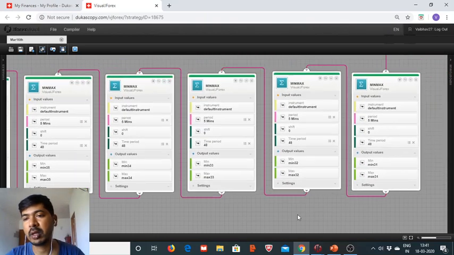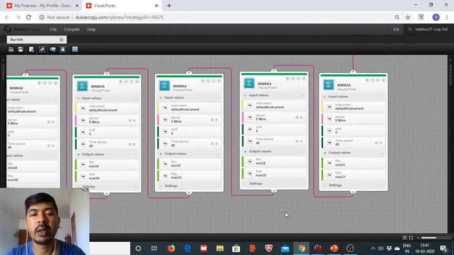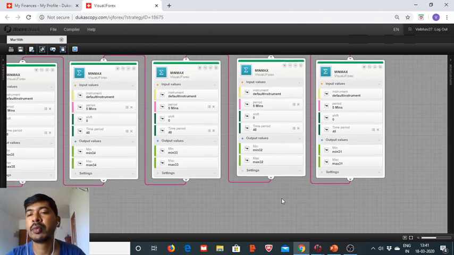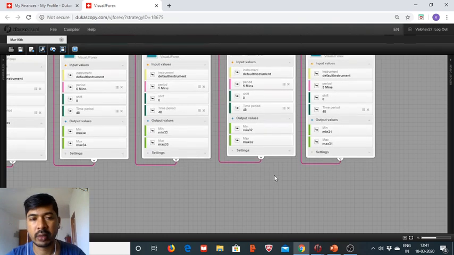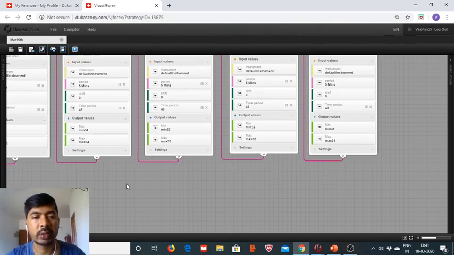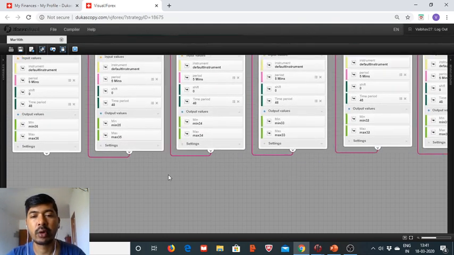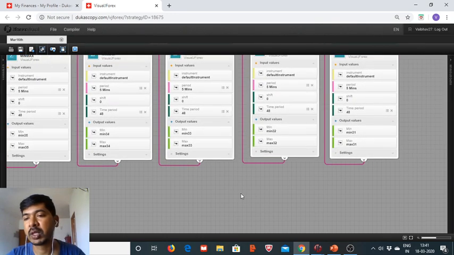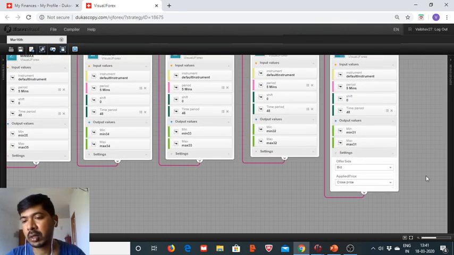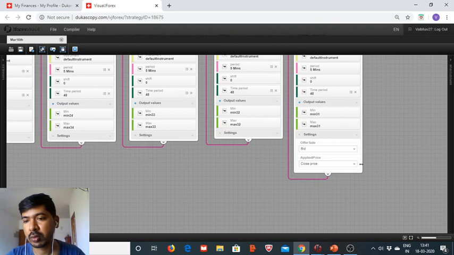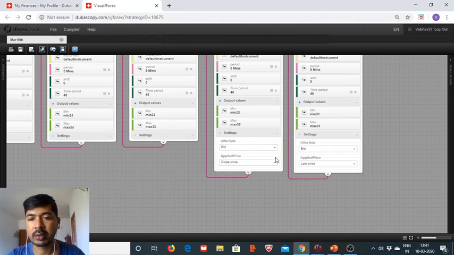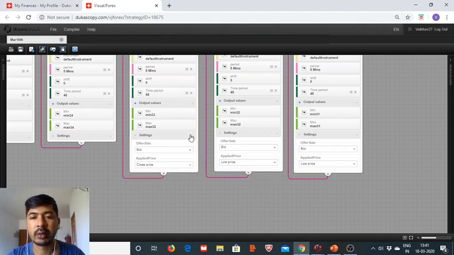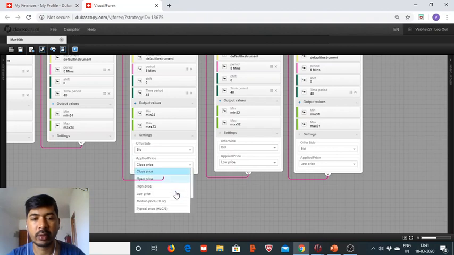Now what we will need to get is the 3 blocks each. Now we have 6 blocks here. We will make the changes. We will convert the bid blocks to the low price and we will set the ask blocks for the high price. And this is it, bid again and low price.